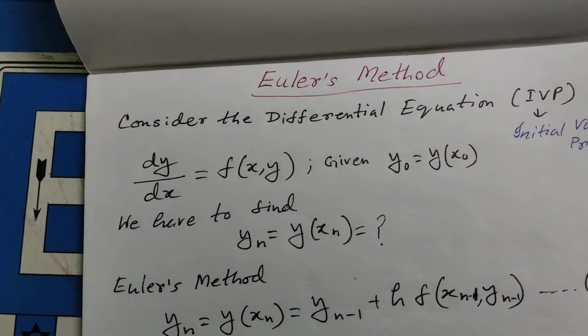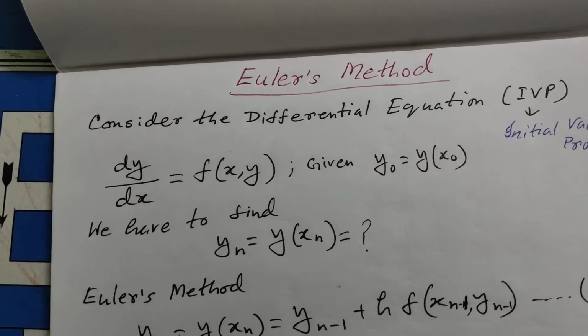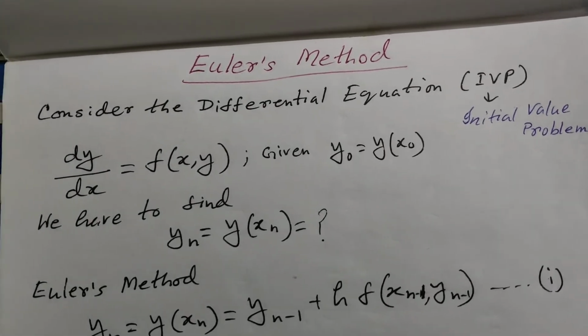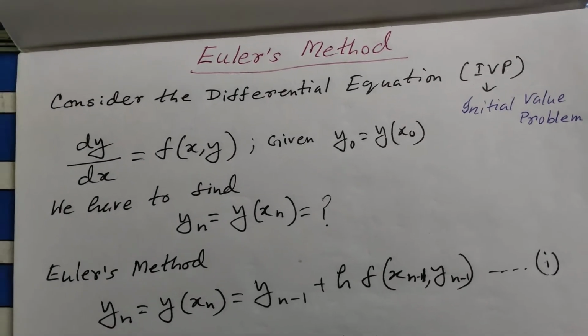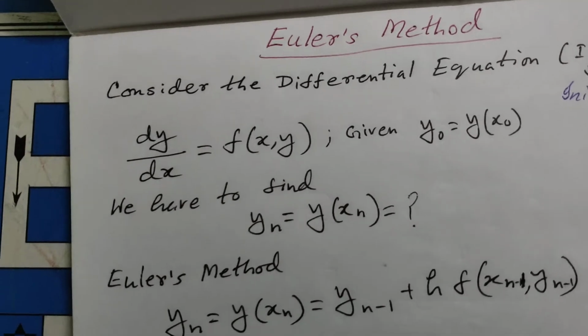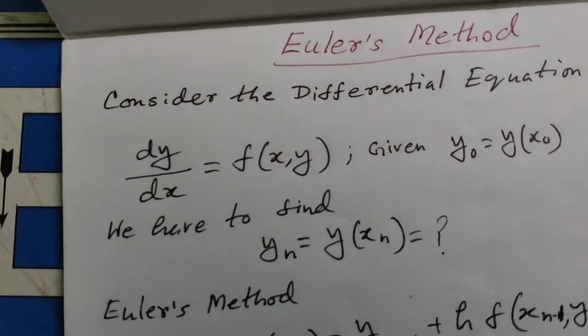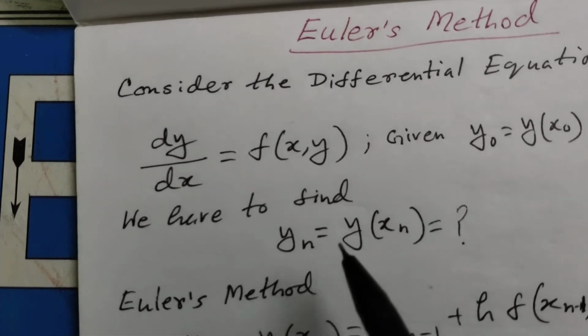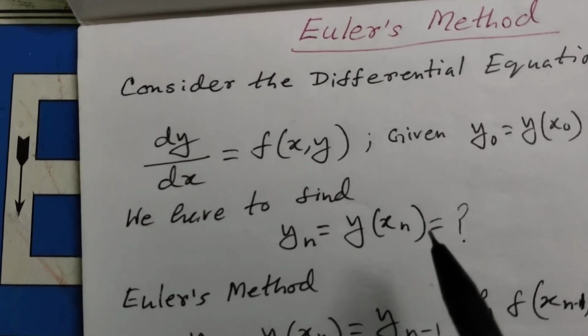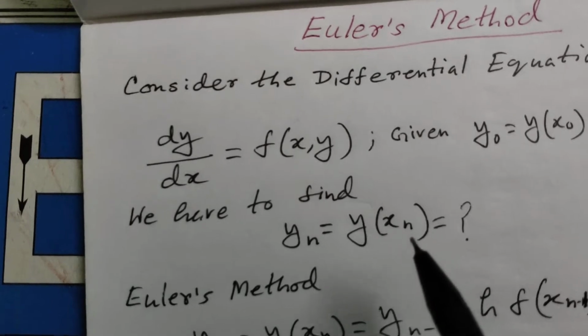Now, let us consider the differential equation dy/dx equals f(x, y), where y(x0) equals y0 is given. Sometimes it is also called IVP, or initial value problem. Now from this equation we have to find yn equals y(xn). What is the value of yn or y(xn)?